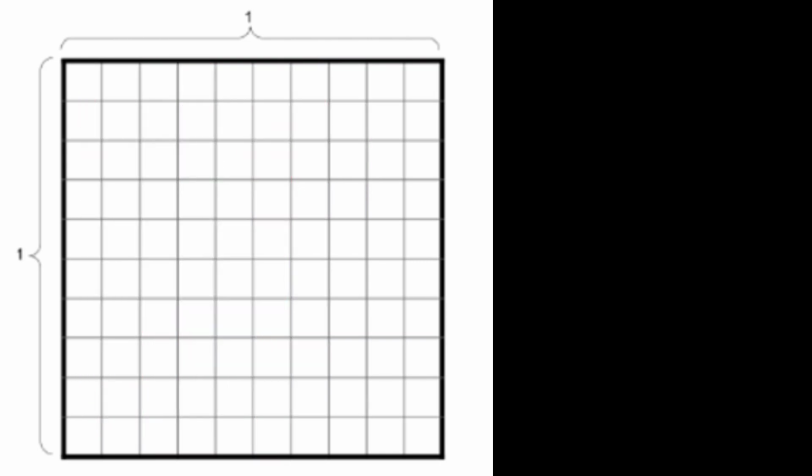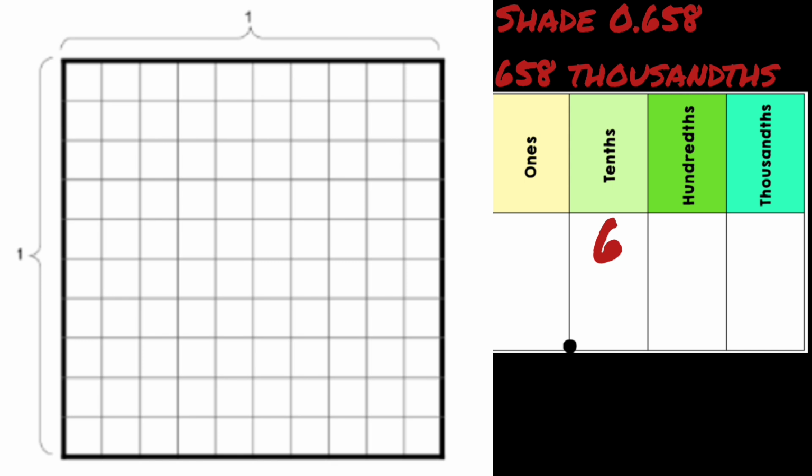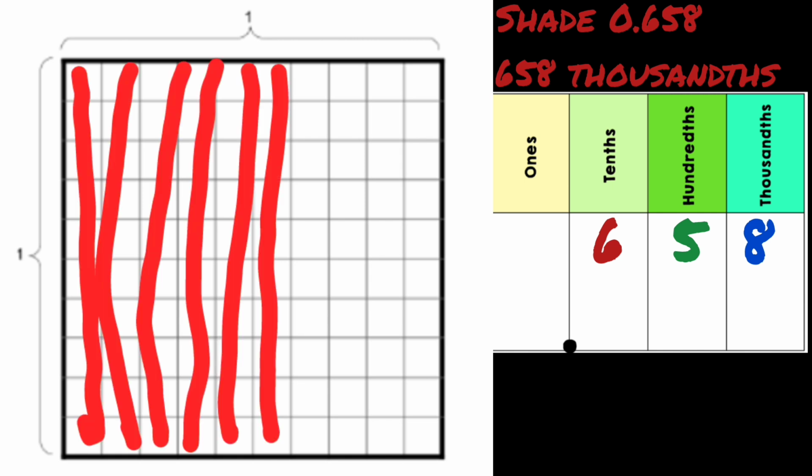All right, this last diagram we got, this time we're coloring 658 thousandths. So it's a little tricky again, but we're going to break it down like we've been doing. 6 in the tenths place, 5 in the hundredths place, 8 in the thousandths place. So at this point, we should be coloring 6 columns, 6 sticks, and we're going to color in 5 hundredths, so 5 of the small squares.